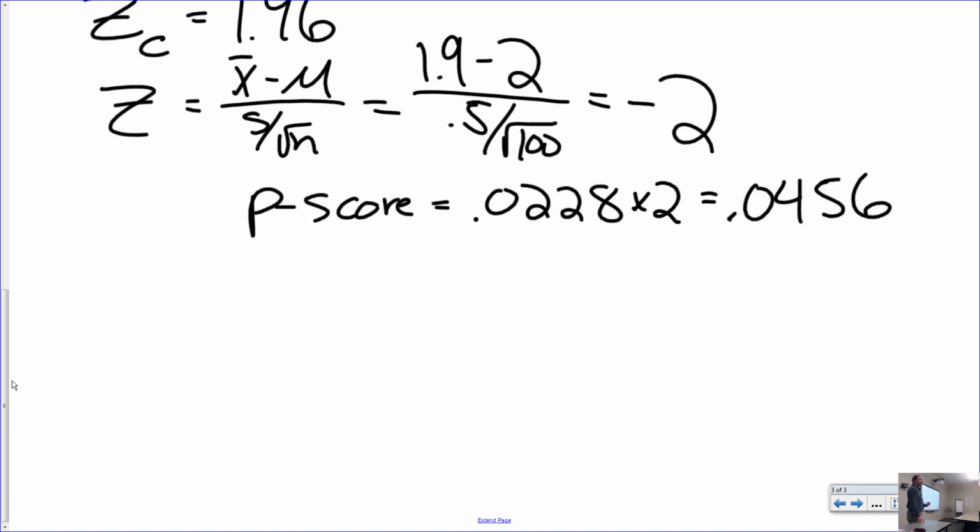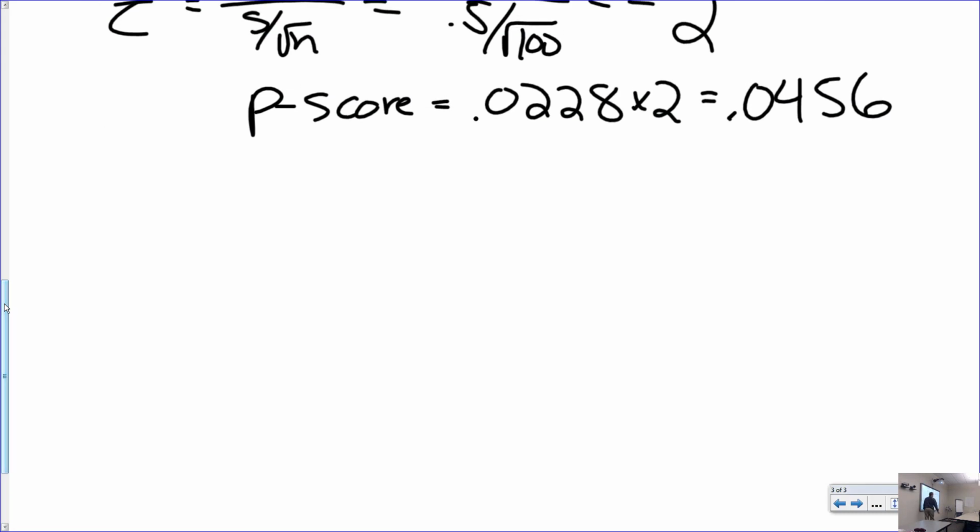Yes. Therefore, we can reject. Yeah, less than the alpha. If p is less than alpha, then we reject. If the absolute value of Z is greater than Z critical, then we reject. And so either one of them we look at is going to tell you to reject the null hypothesis.